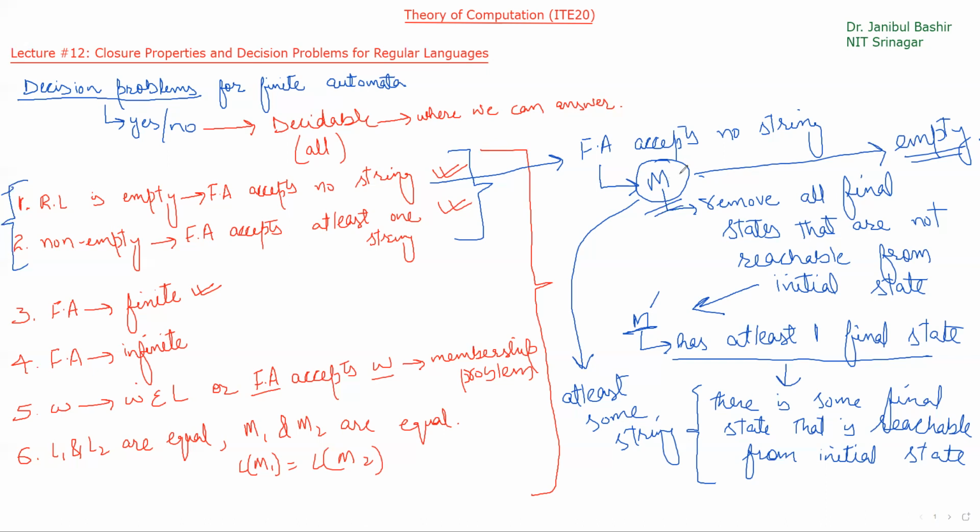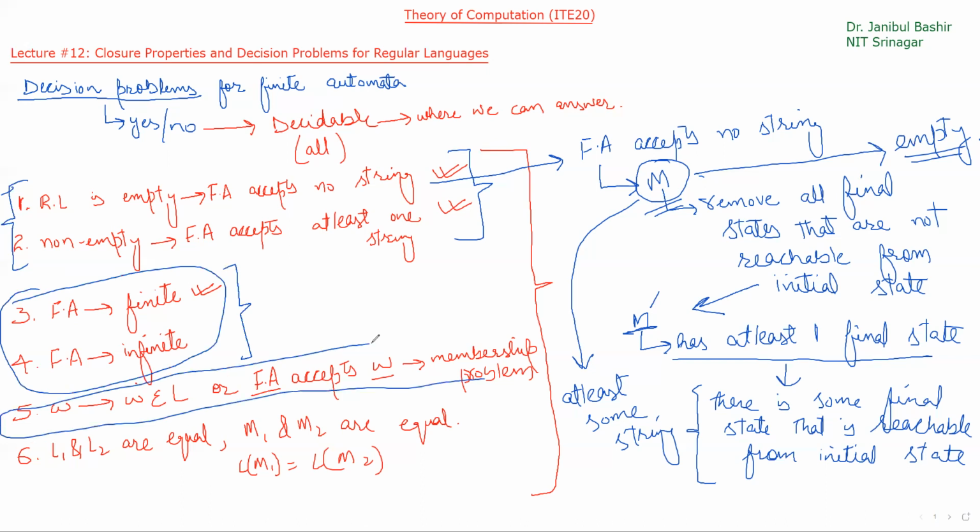However, if there is no final state, that means the language of this M is empty. Okay. Likewise, you have to find the algorithms for the other two, and for this one and the last one.